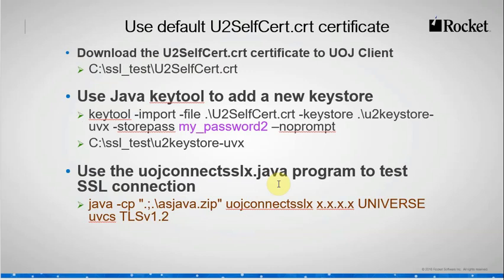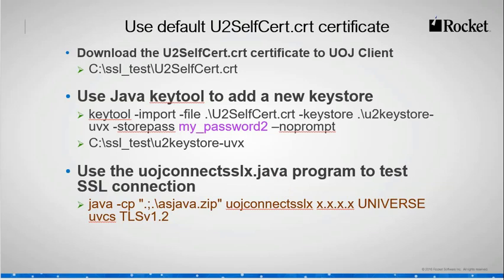On the latest UniVerse server, we already have one particular self-signed certificate called u2_selfsigned_certificate.crt in the UV home directory. So if you already have this on your UniVerse server, you just need to download the self-signed certificate to your client side, use the keytool the same way to create the keystore, and you can run the same program to verify your UOJ connection.